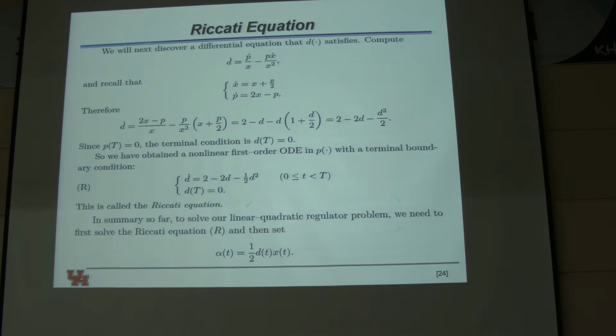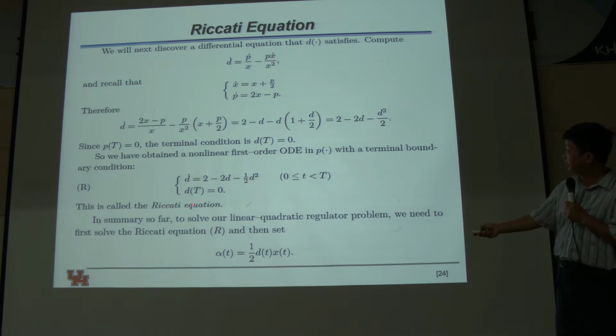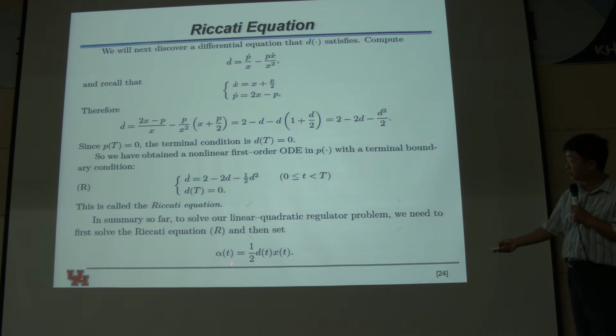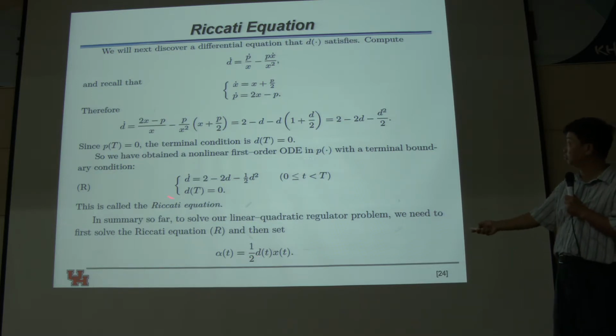And by some derivation, we come to this Riccati equation. This Riccati equation tells us that my current optimal control is equal to d_t times my current state, where d_t can be calculated from those equations, which have a closed form solution.